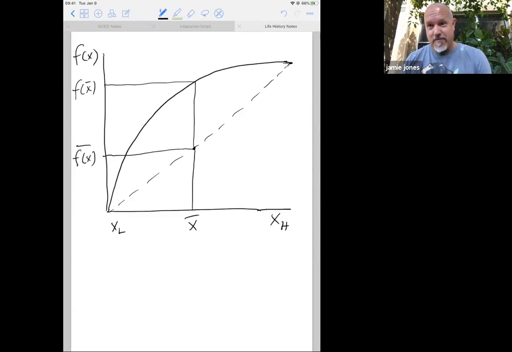That shouldn't be surprising, because in the last video we showed, using a simple Taylor series expansion of a fitness function and then taking expectations, that variability is going to reduce fitness from what you'd expect from the function of mean fitness.